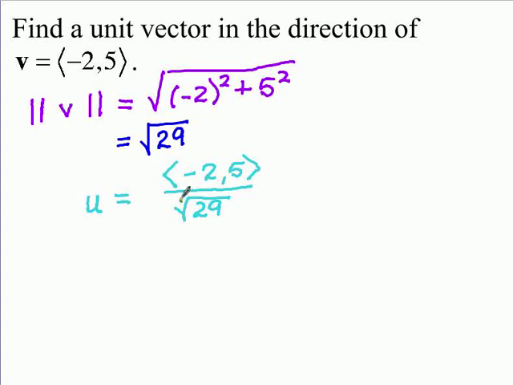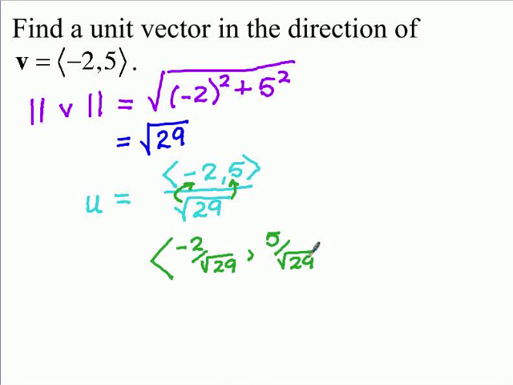So essentially what that means is that each of these are divided by root 29. So I now have negative 2 over root 29, and I have 5 over root 29.